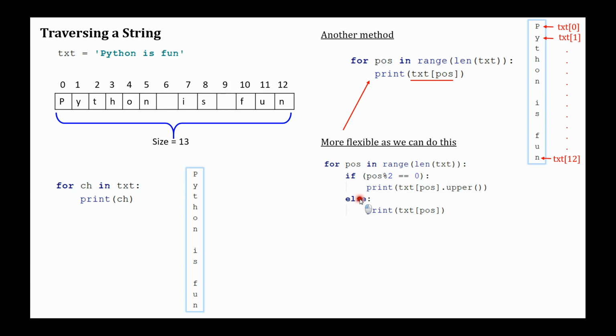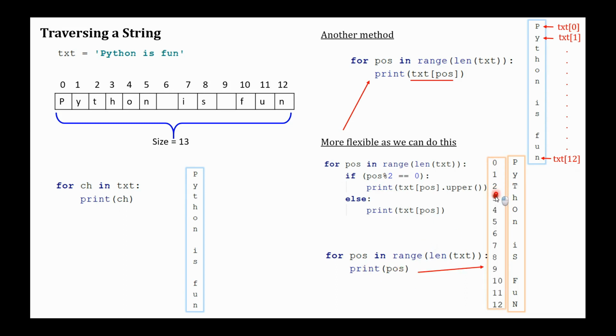Else, it's an odd position, so we print it in the normal case. Then you will see Python is fun, where the F and N are at even positions, so they are now uppercase, while the U is still the normal case. So we can do something like this, which is not possible with the other notation. If we just want to know the value at the position and print it out, you will see that it's actually a range printing values from 0 to 12.